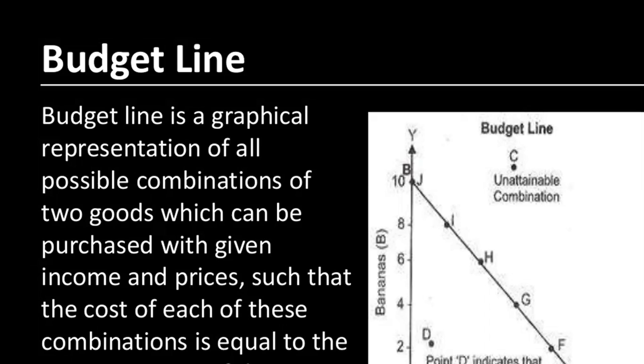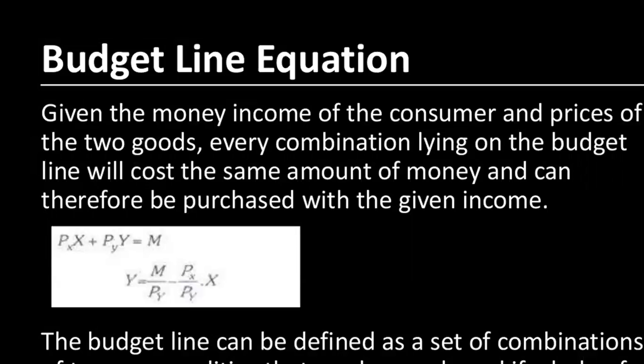Given the money income of the consumer and the prices of the two goods, every combination lying on the budget line costs the same amount of money and can therefore be purchased with the given income. A formula is given for that.